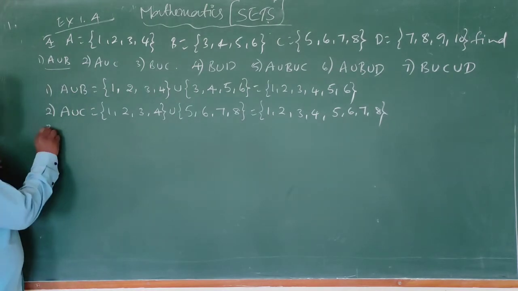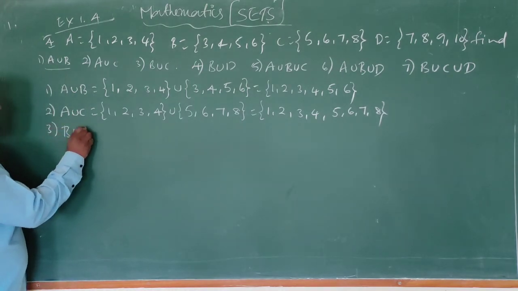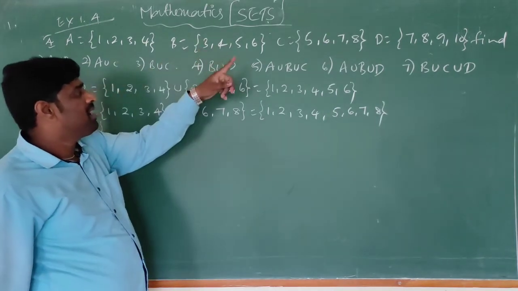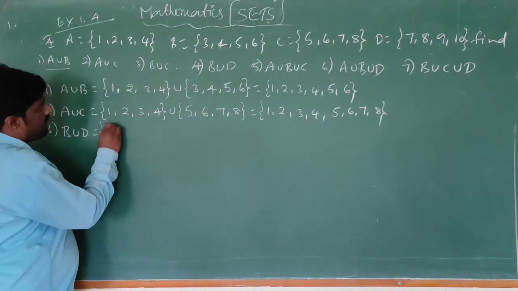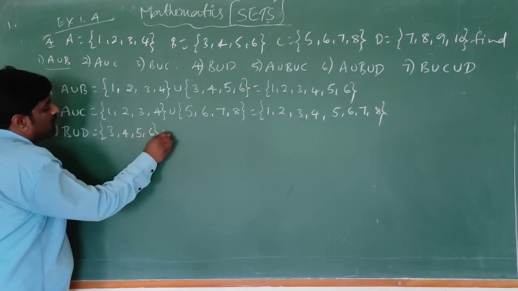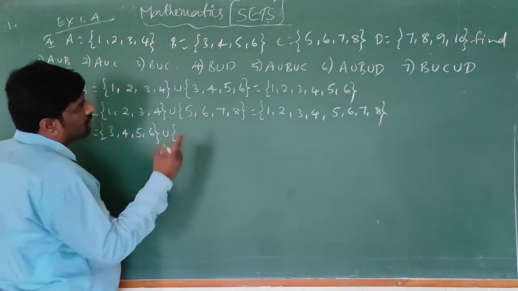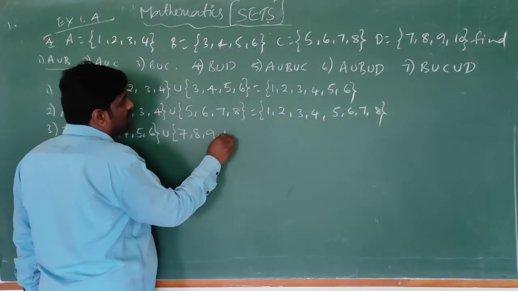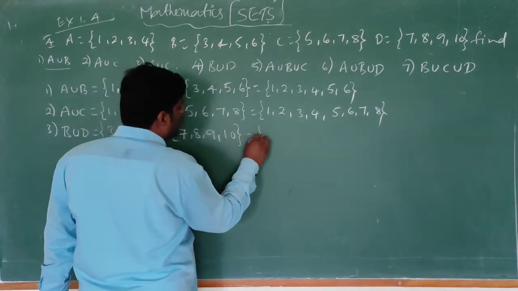Next I want to find B union D. Observe B set and D set. B set is 3, 4, 5, 6, union D value is 7, 8, 9, 10.